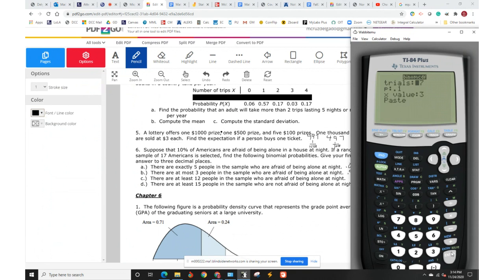At least 12 is 12, 13, 14, 15, 16, and 17. So the complement of that is 0 through 11. So that's really small, so you got to go over 8 times to the left.